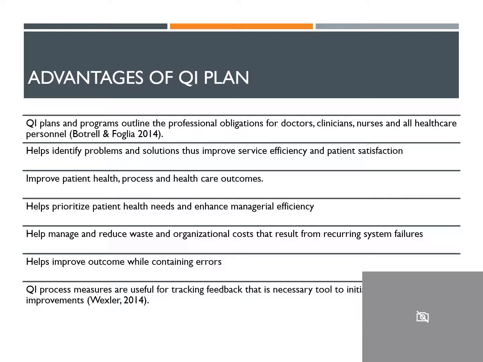QI plans also improve patient health, process, and healthcare outcomes. Aside from that, QI plans prioritize patient health needs and enhance managerial efficiency. QI plans also help manage and reduce waste and organizational costs that result from recurring system failures. QI process measures are useful for tracking feedback that is a necessary tool for quality improvement initiatives.